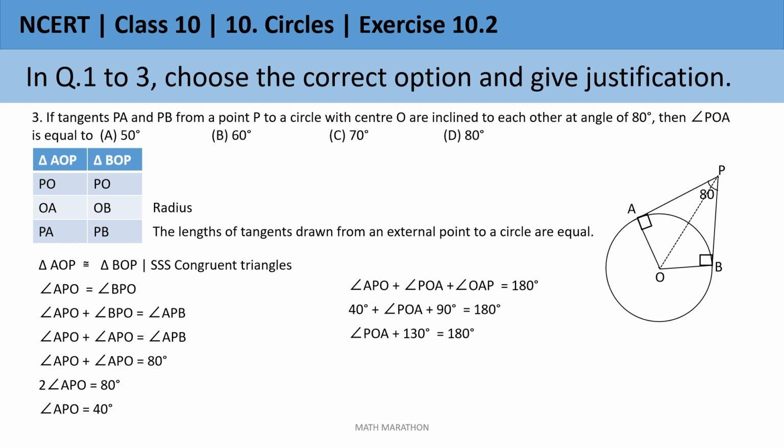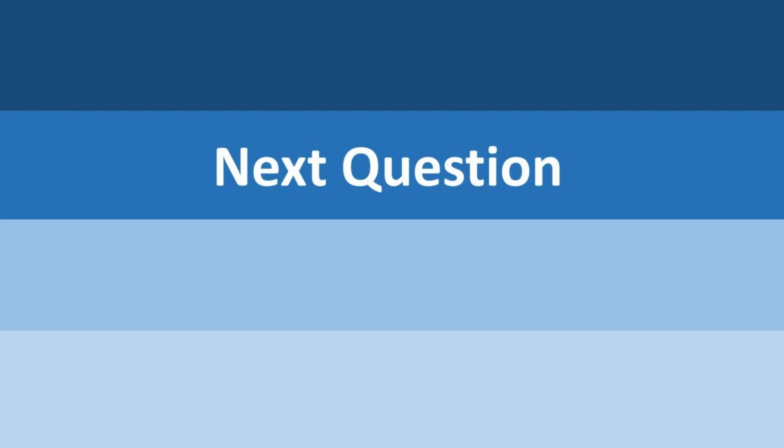Angle POA plus 130 degree is equal to 180 degree. Let us subtract 130 on both sides of the equation. Angle POA is equal to 180 minus 130. Angle POA is equal to 50 degree. So, answer is option A, 50 degree. Let us see next question.